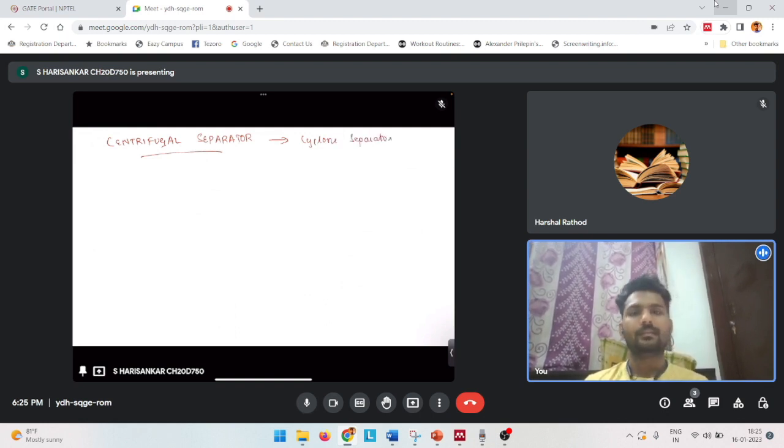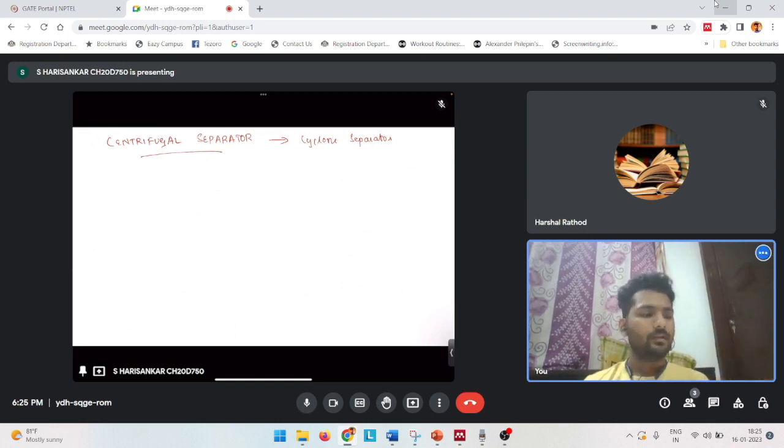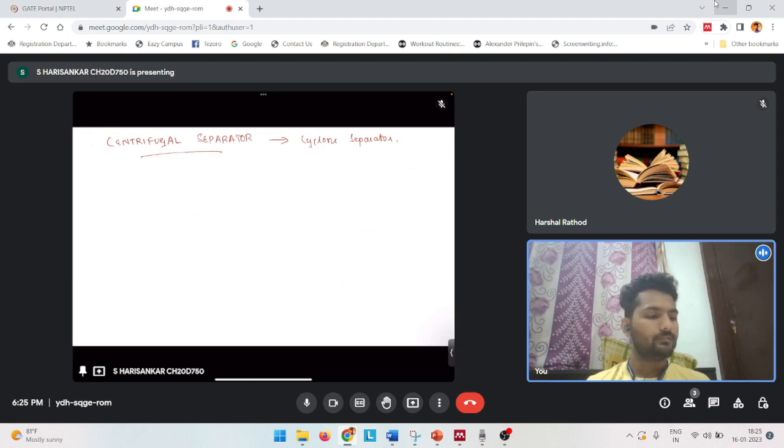These are separators which separate particles by using centrifugal force. There are even things like a centrifuge to separate two liquids of different densities and so on. But anyway, today we'll look specifically into the cyclone separator.